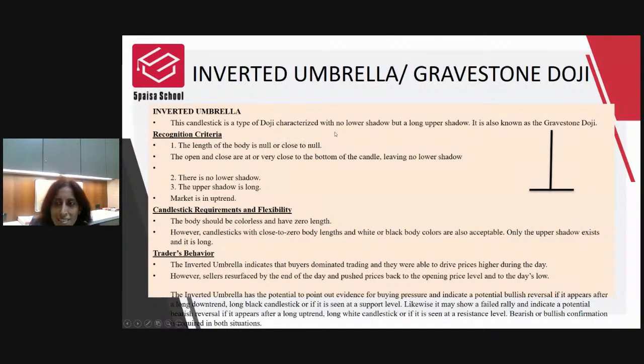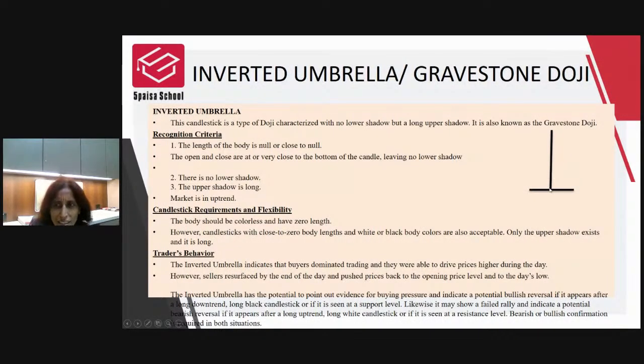So in this case, this kind of doji is characterized with no lower shadow. You see this? There is no lower shadow. Unlike the umbrella or a dragonfly doji, in this case there is no lower shadow. But what you can see is the long upper shadow.